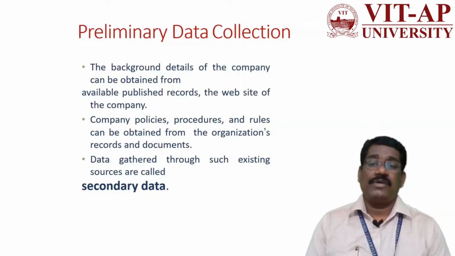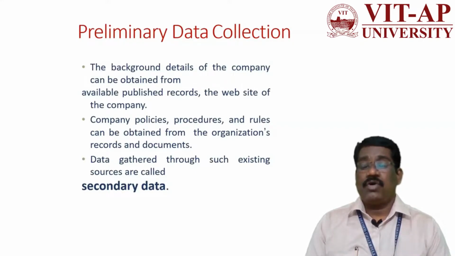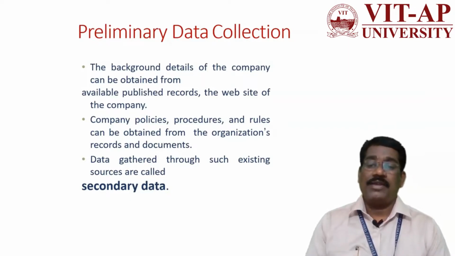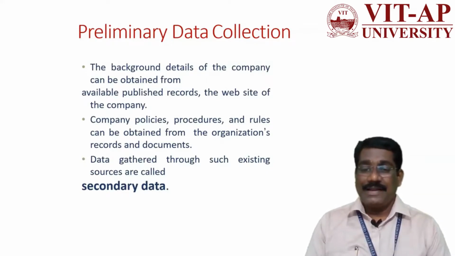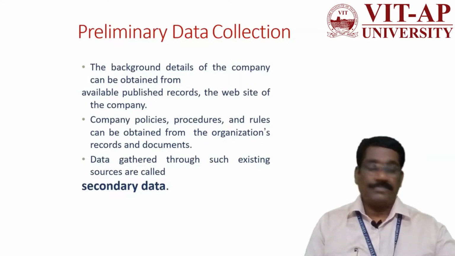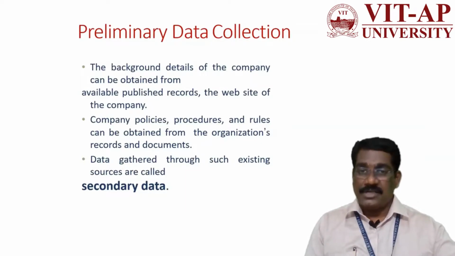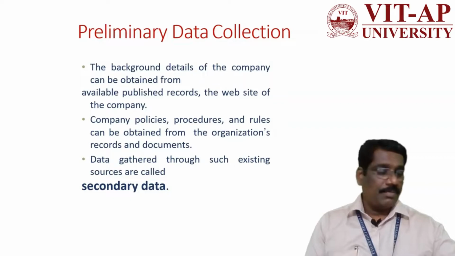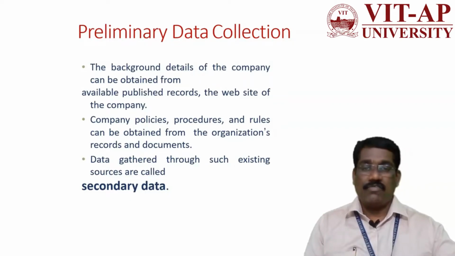You have a lot of SOP documents that you can review, and rules can also be obtained from the organization's records and documents. Data gathered through such existing sources are called secondary data, because the data was already collected by the persons involved in earlier research.